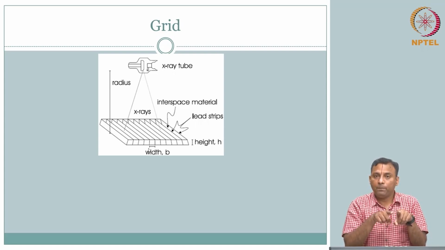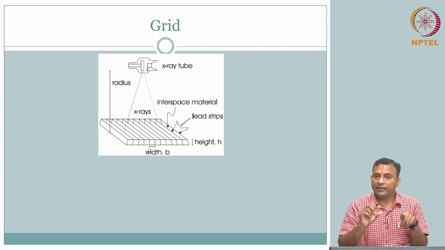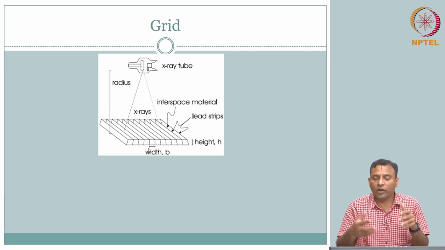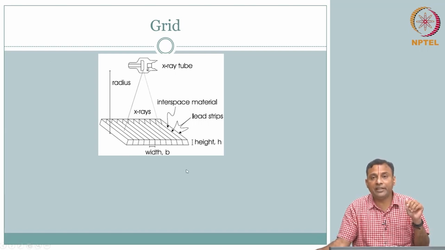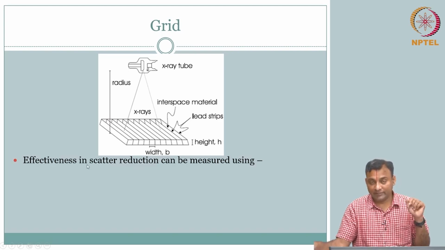your B and height have a role, right? So intuitively thinking, what relationship between H and B is helpful for you? We could think about this as the effectiveness of a scatter grid.